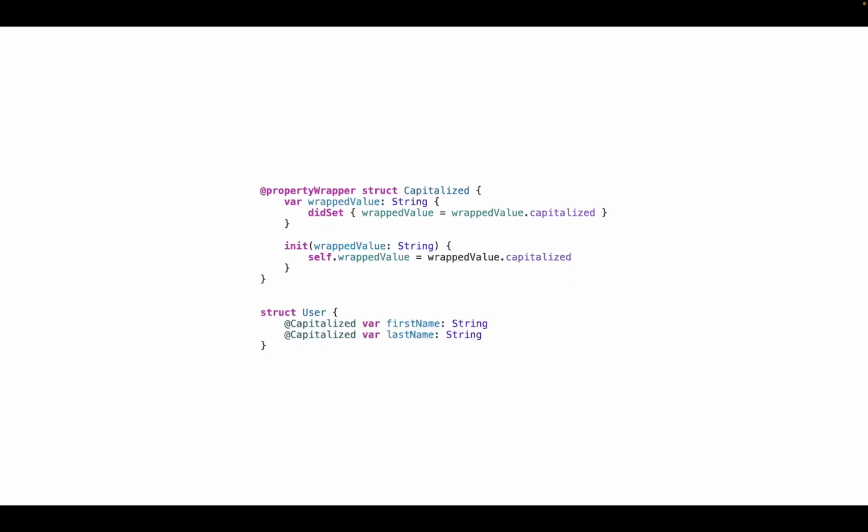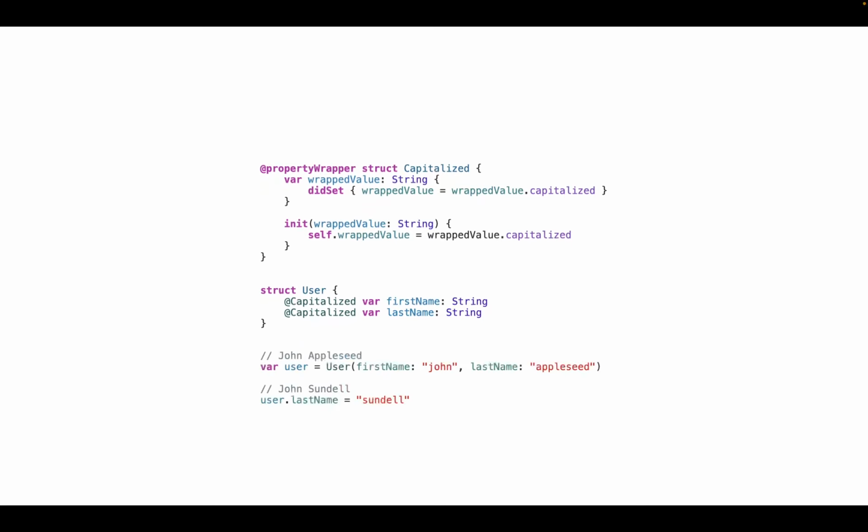Say you're assigning a value to the first name property of the user, then it will trigger the didSet listener of that property right there and capitalize the value. It's just a one-line solution right now, or even a half line. So the call site would look something like this.